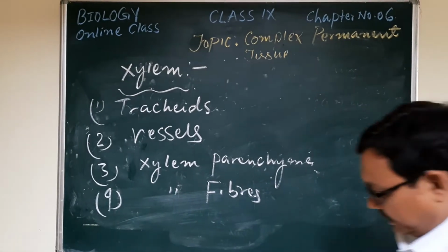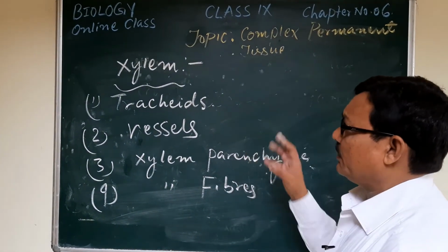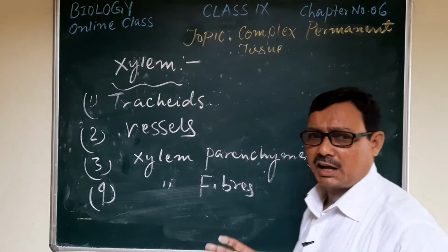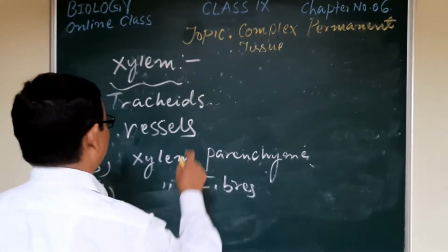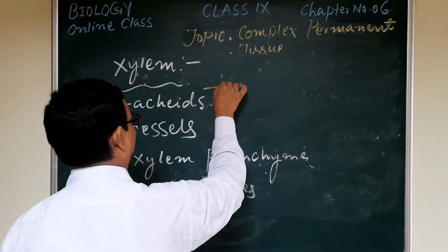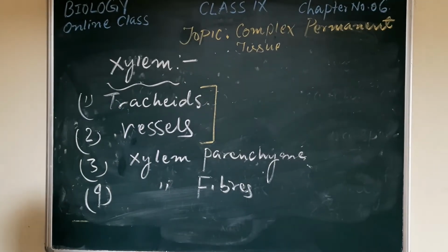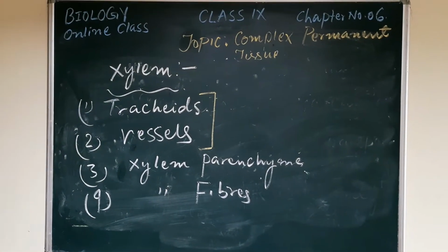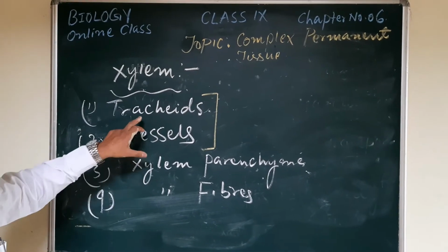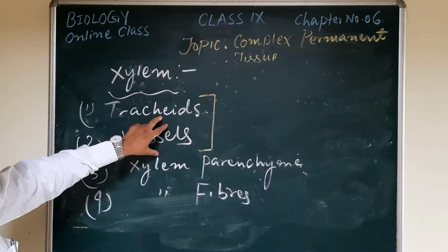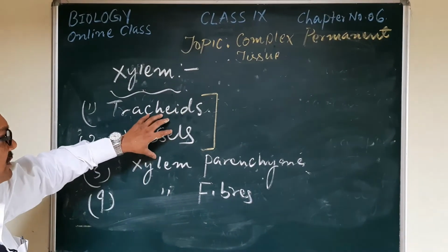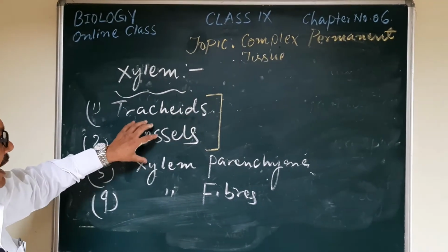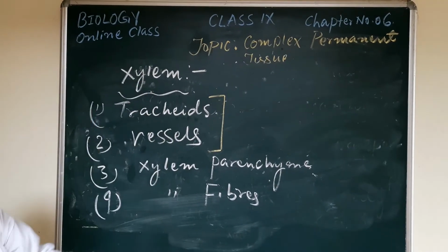In both xylem and phloem, the cells may be dead or living. Here you see the two important tubular cells, which are mainly helpful in the conduction or upliftment of water and minerals in the plant body.